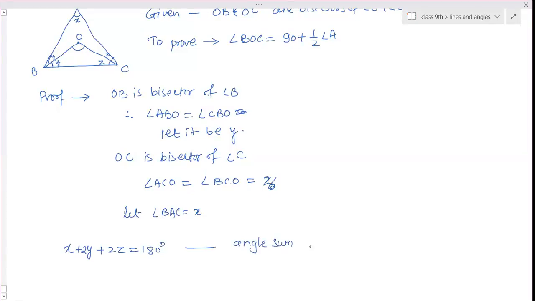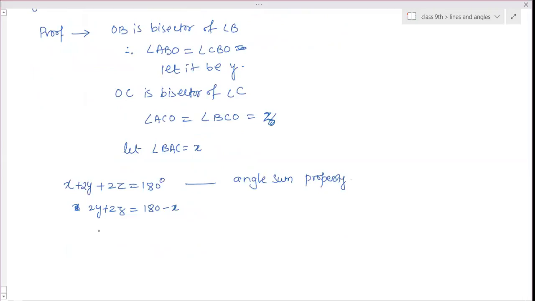Angle sum property. So 2y plus 2z is equal to 180 minus x. What is the value of y plus z then?